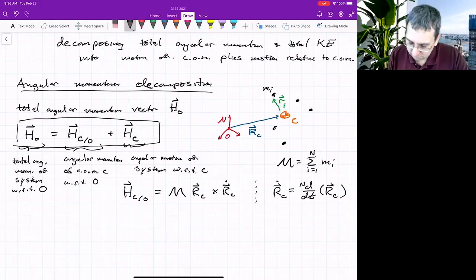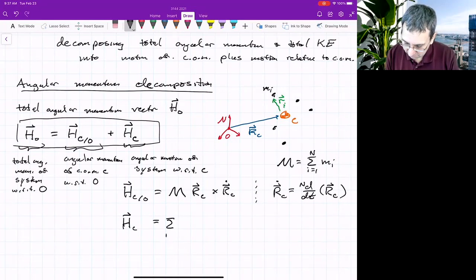And then the other part is the angular momentum of the relative motion of the particles with respect to the center of mass. So we write that as H_C, and this is a sum over the particles, 1 to N, m_i times little r_i cross little r_i dot.